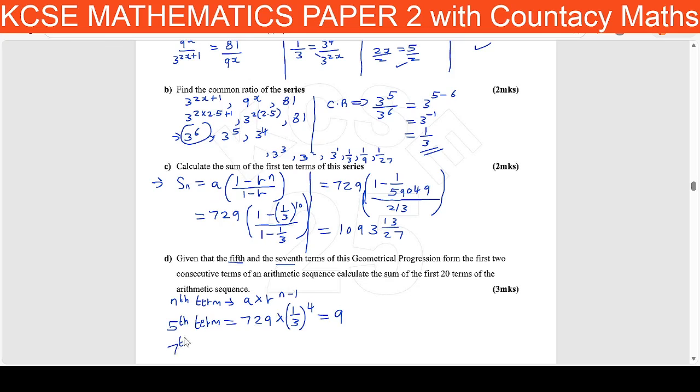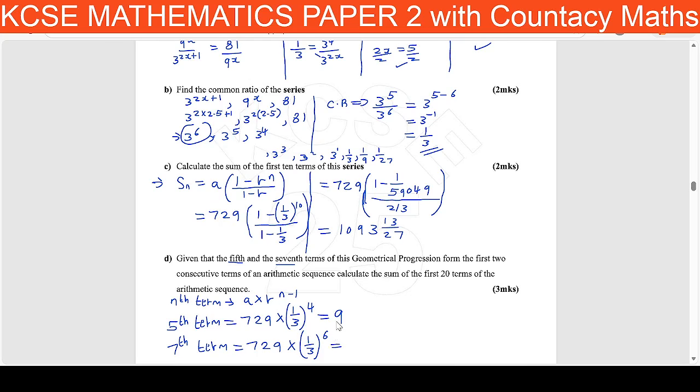So this is the seventh term. We go to the seventh term. We pick the first term, which is 729. We multiply by the common ratio, which is 1 over 3 to power, here our n for this case is 7. Therefore, we do 7 minus 1 to get a 6 there.